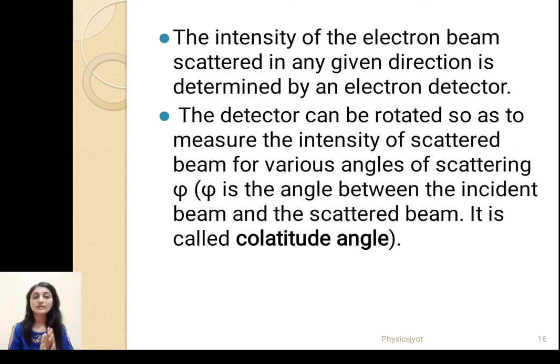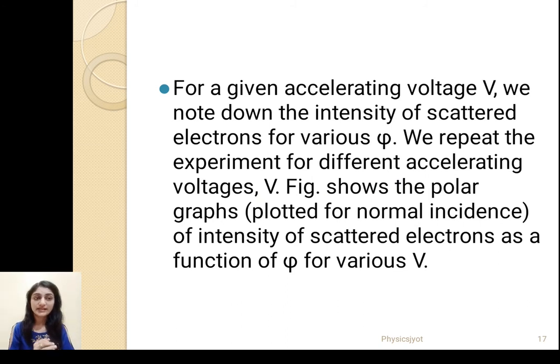Phi is the angle between the incident beam and the scattered beam, and it is also called the co-latitude angle. For a given accelerating voltage V, we note down the intensity of scattered electrons for various phi. We repeat the experiment for different accelerating voltages, and we get graphs like this.